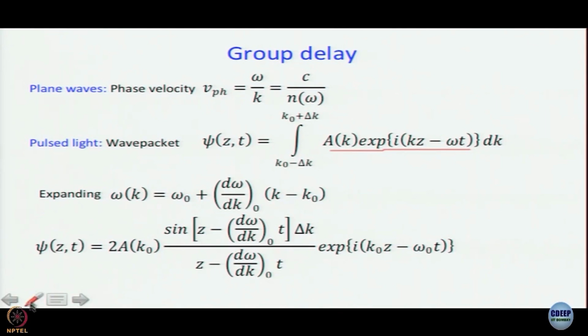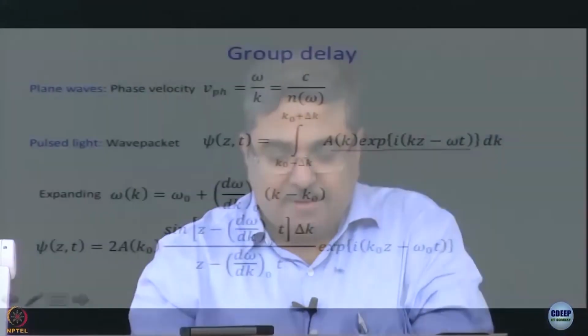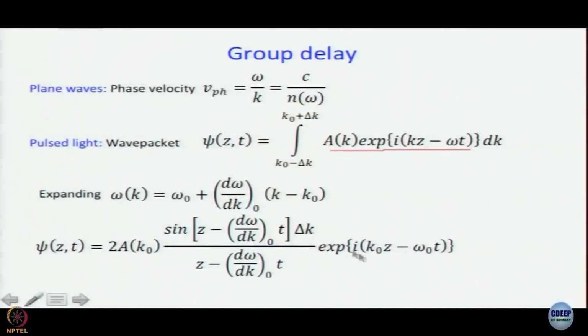Psi at z and t, particular value of z, particular value of t, turns out to be 2 A at k 0. A at k 0 means amplitude for the modal k value k 0. Neglect this thing for the moment. The last factor is e to the power i(k 0 z minus omega 0 t).